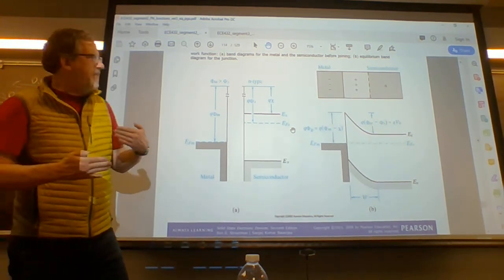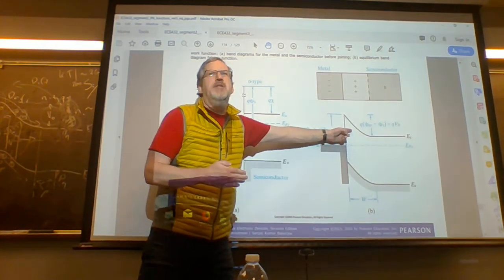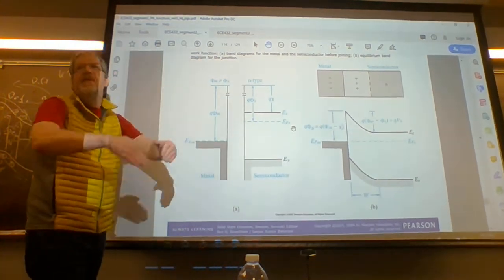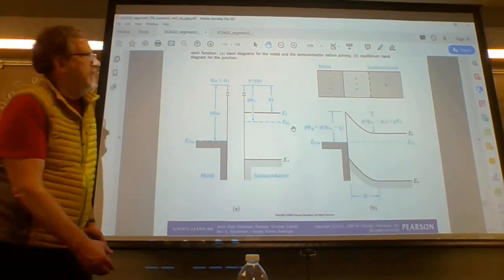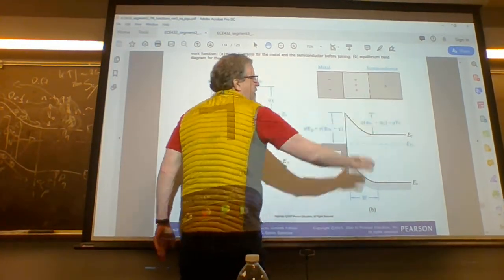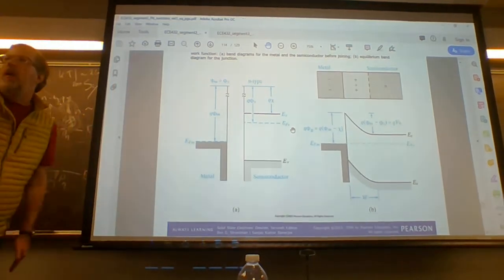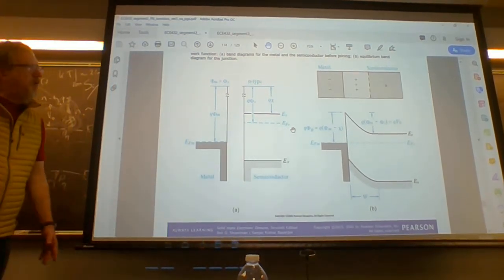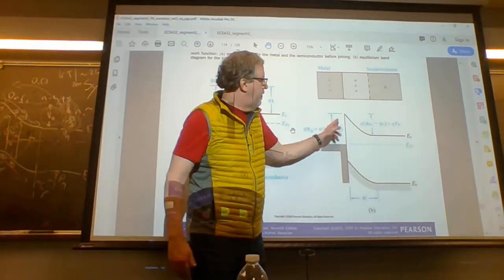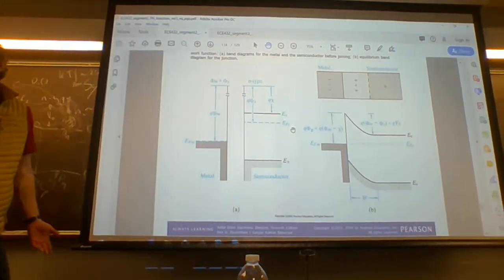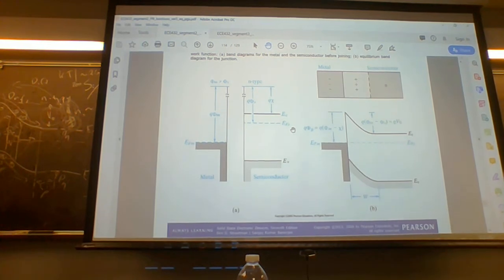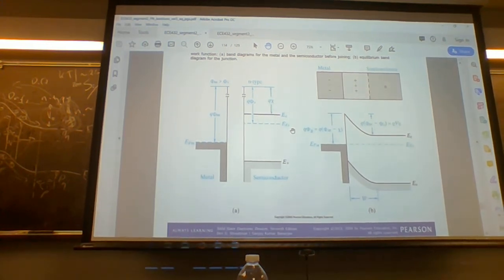The word I would use is deplete. It creates a depletion region, right? Depletes them. So it creates the dipole. It depletes, pushes the electrons away, creating the electric field, the dipole, the bands bend. Bands bending means there's an electric field, means there's charge.